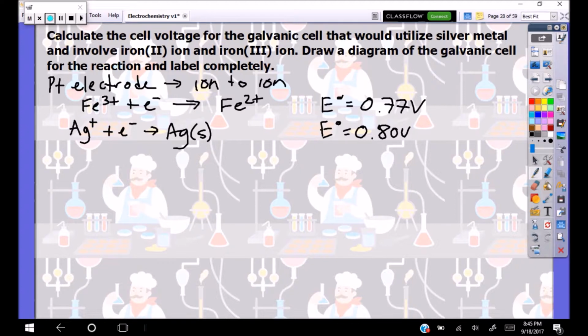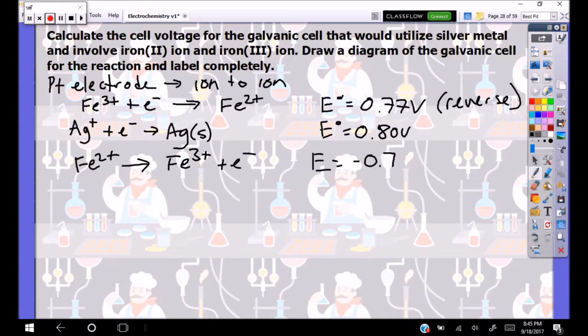If we were to reverse silver metal, we would have a negative 0.8. If we add negative 0.8 to a positive 0.77, we would get a negative number, so that would not work. We would have to reverse this one here, the one with the ions. If we reverse that one, we would be able to get a positive cell potential that would work for us.